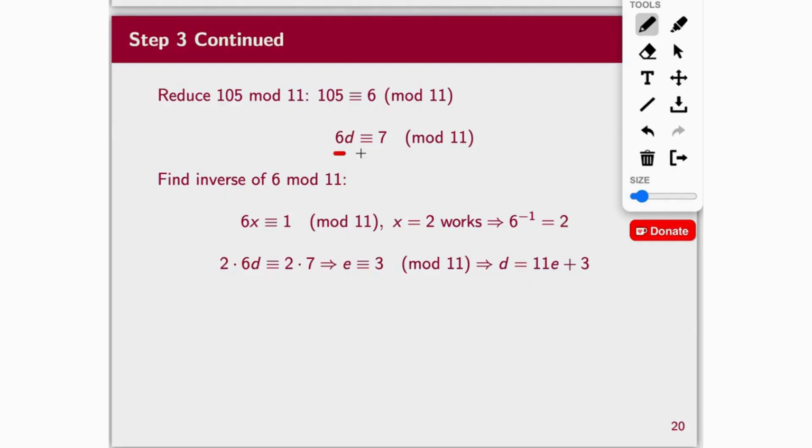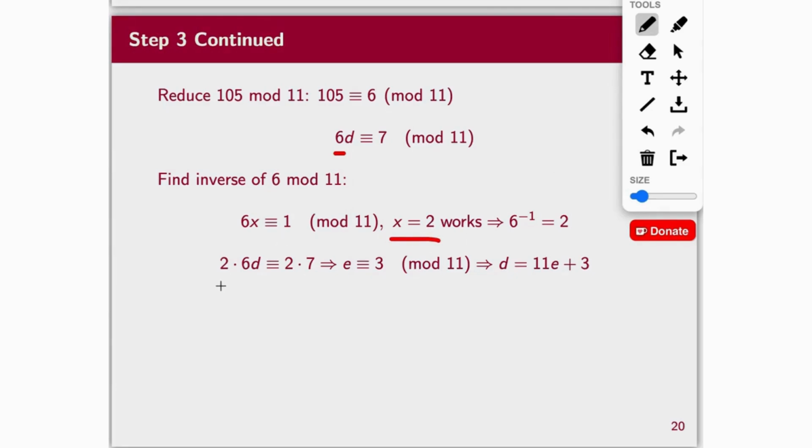Again, we do not want the coefficient here that hinders our progress, so find the inverse of 6 mod 11 by checking. Boom. x equals 2 works. And why does it work?